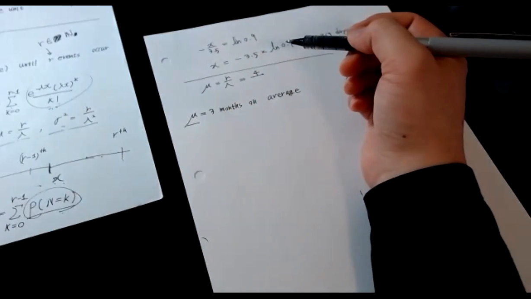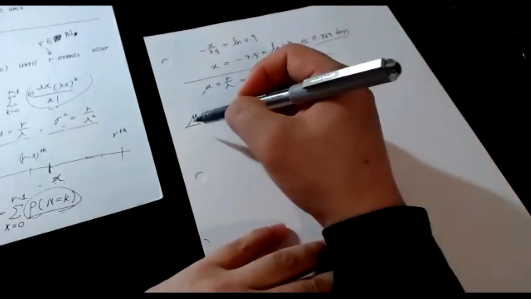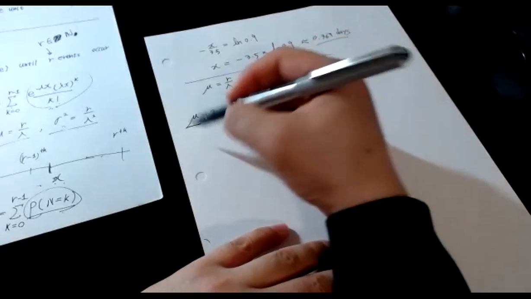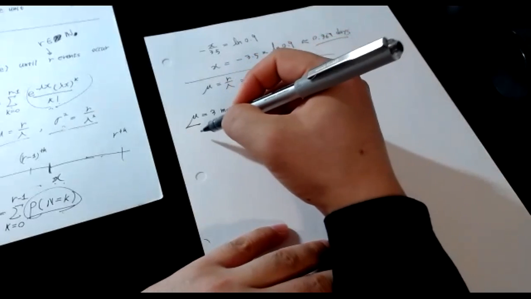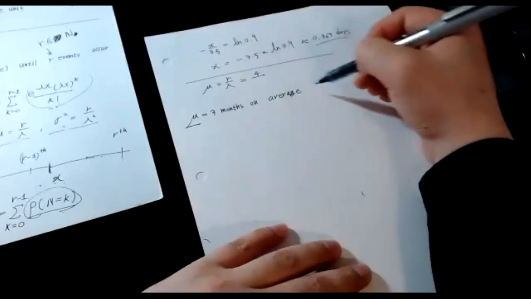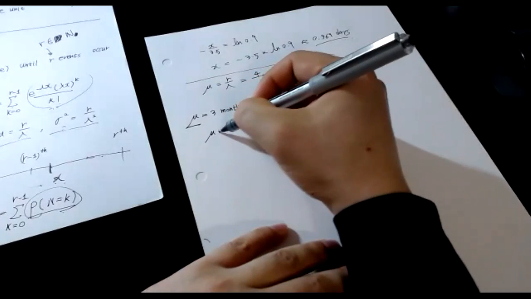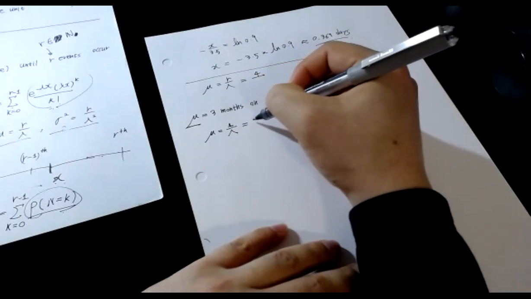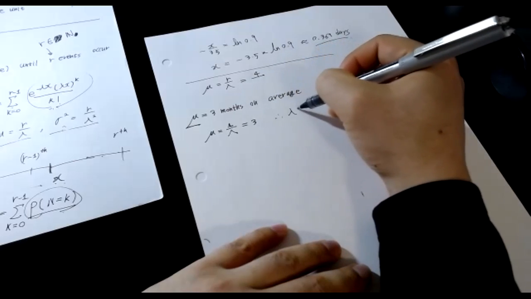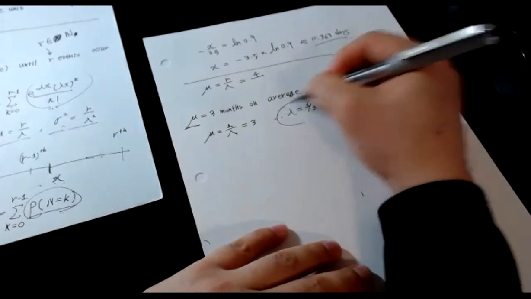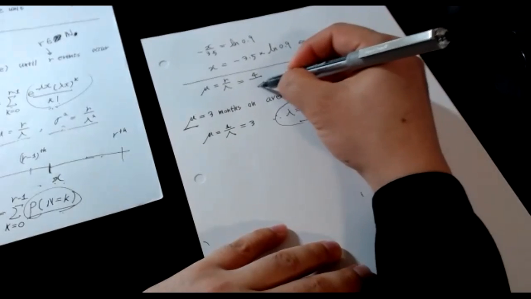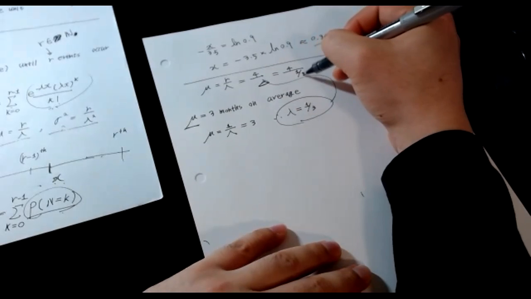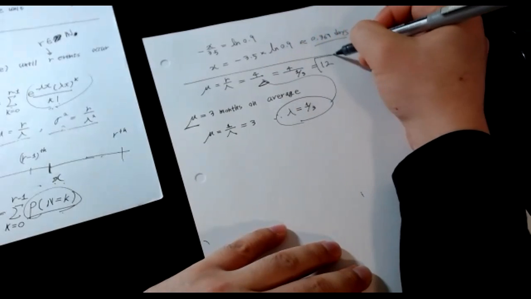An event occurs every 3 months, which means that mu, the mean of the exponential distribution, is 3. But we know that in an exponential distribution, mu is 1 over lambda. So this is 3, and lambda is 1 over 3, right? So we plug in this one right there. This is 4 over 1 over 3, which is 12. Yeah, this is the answer.